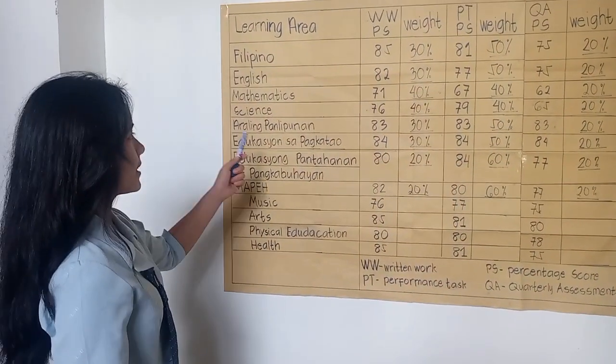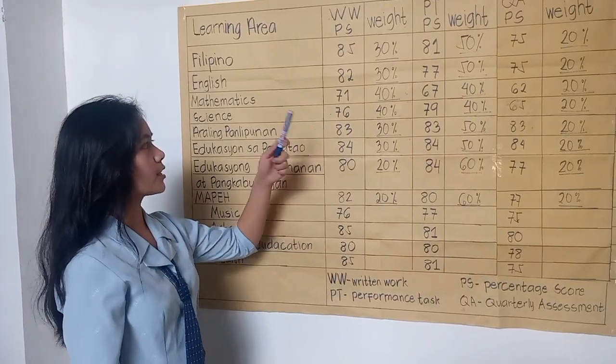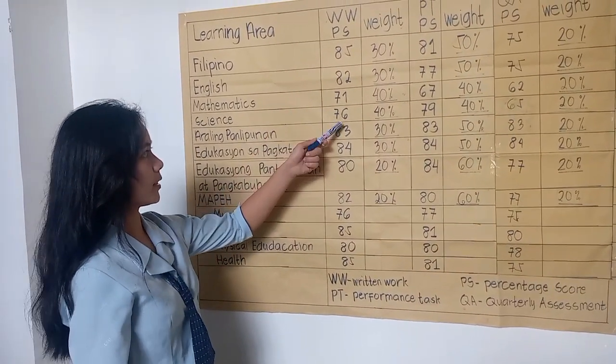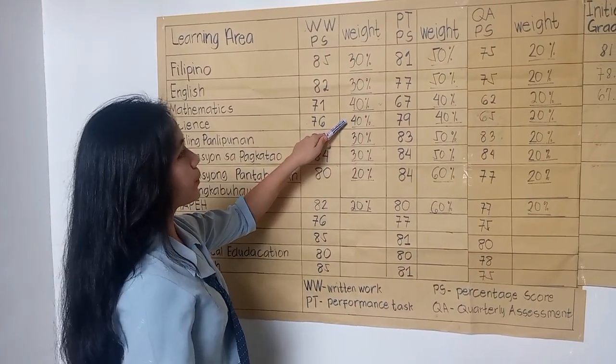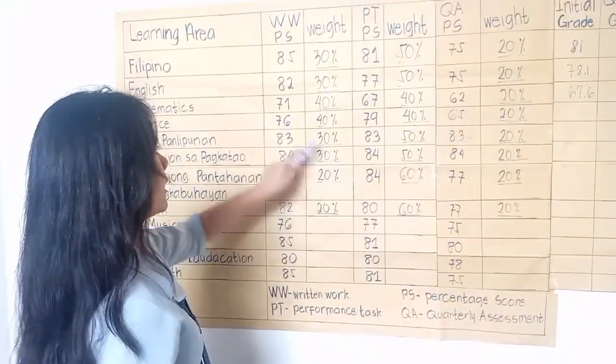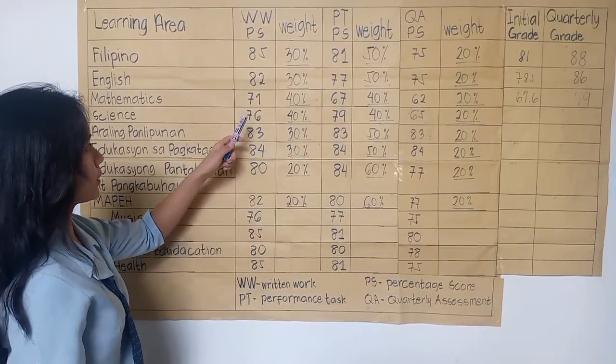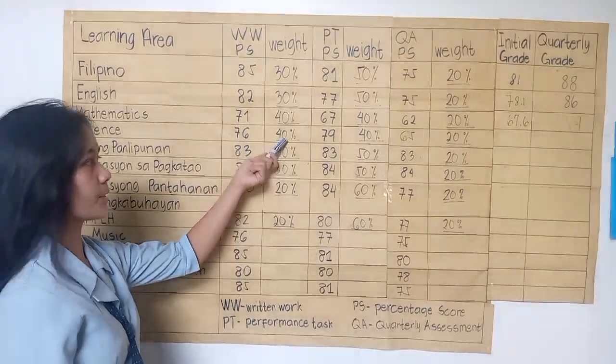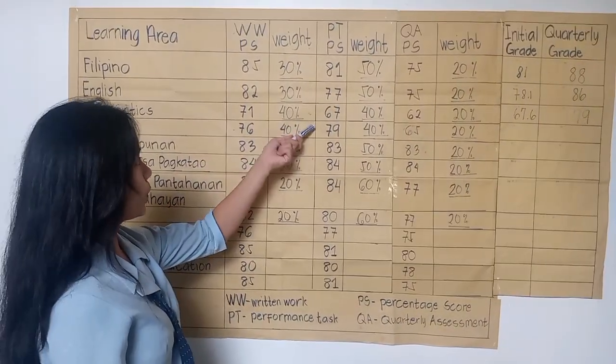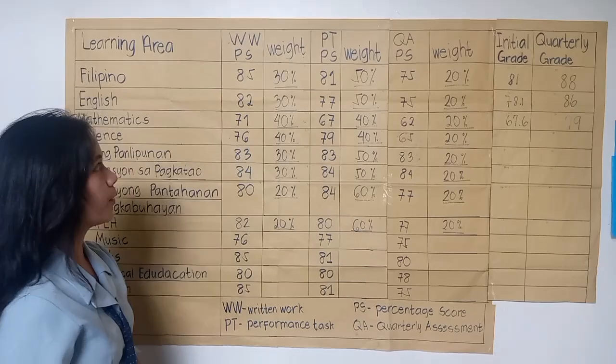Next is science. The percentage score of written work is 76. And then the weight of component based from the table is 40%. To get the weighted score, multiply 76 times 40%. It equals 30.4.